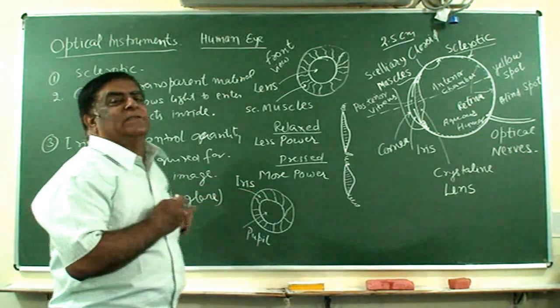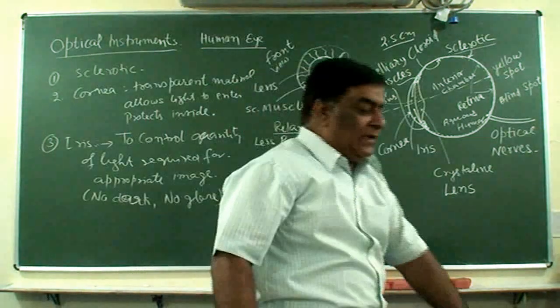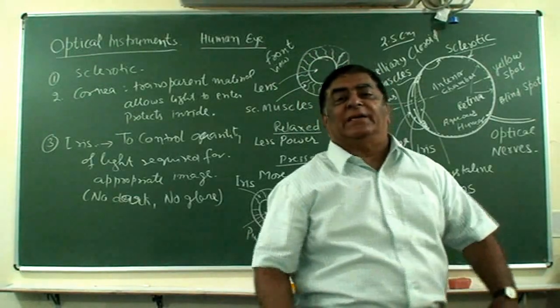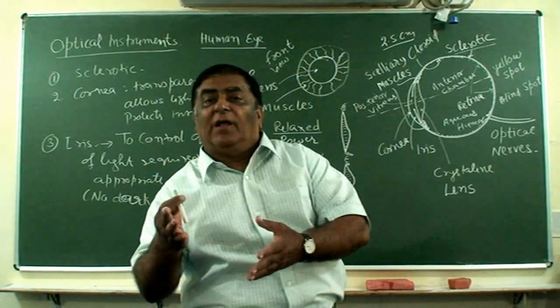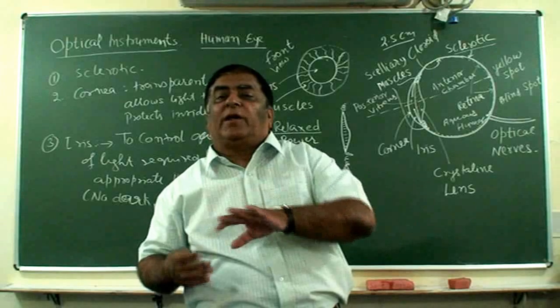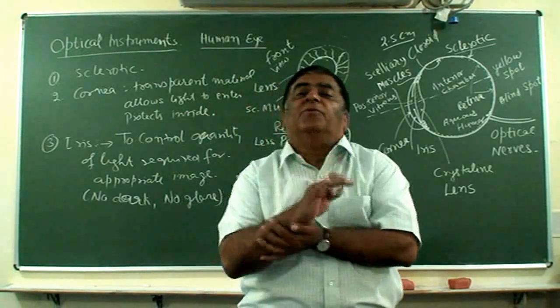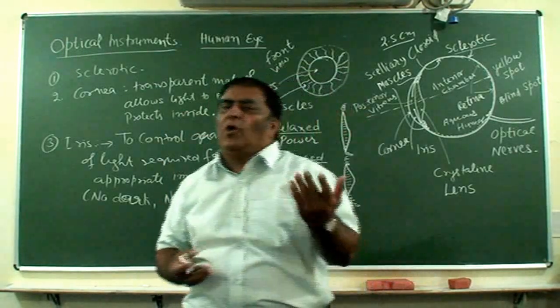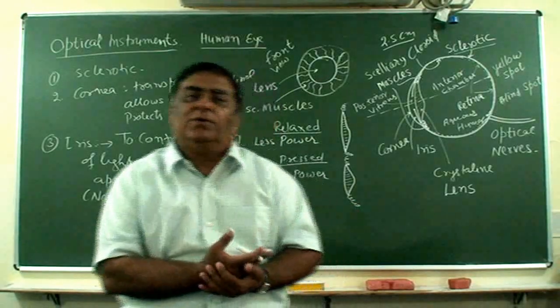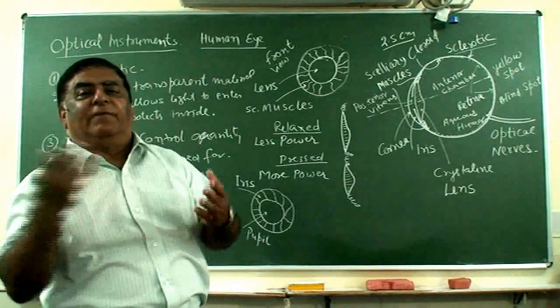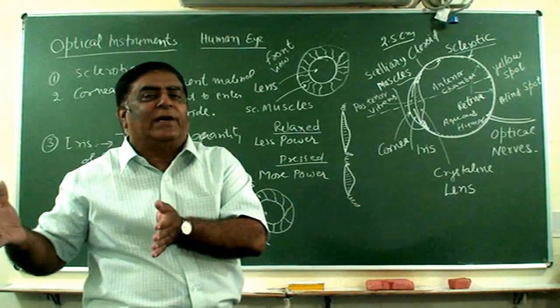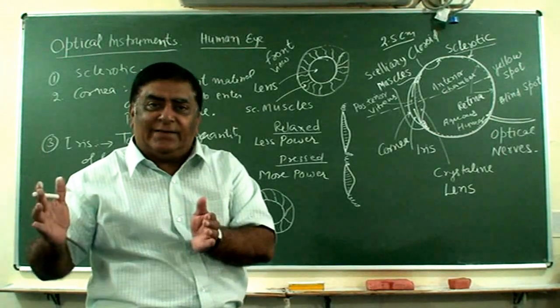And this is something for which in class 10 you have studied what happens when we go inside a cinema hall, in a movie hall, and we are not able to see the things for a few minutes. We all know the answer of this, that when we go from outside, the outside amount of light is high.